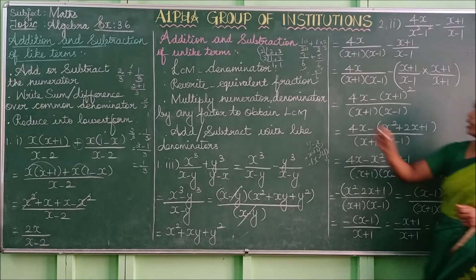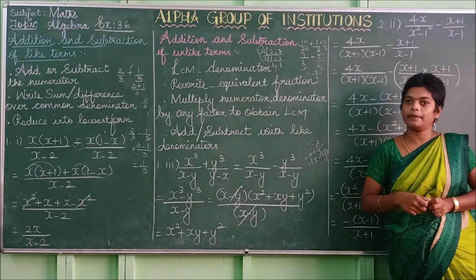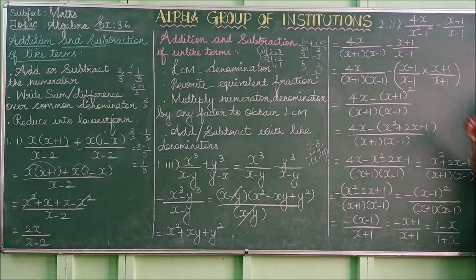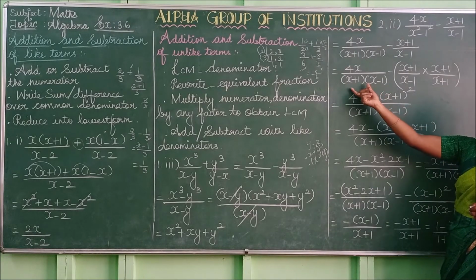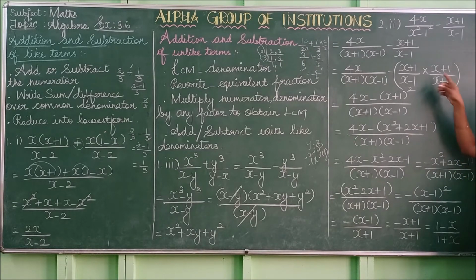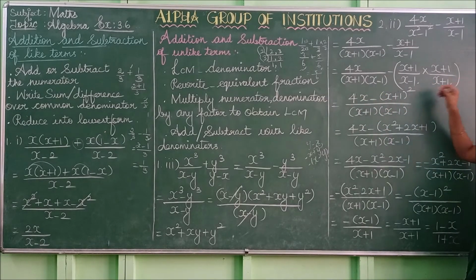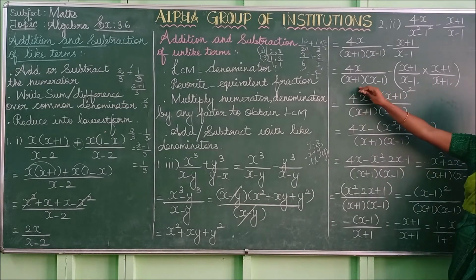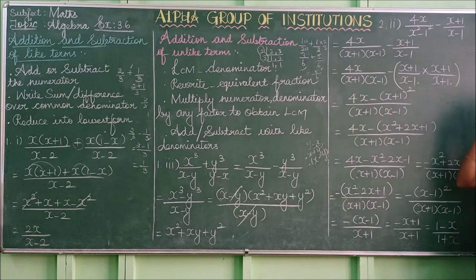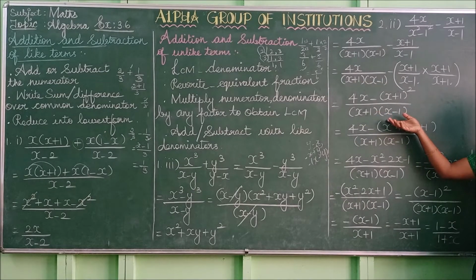To make an equivalent fraction, you multiply as well as divide by the same term. Here x plus 1 is missing, so I am multiplying and dividing by x plus 1. Now both denominators contain x plus 1 into x minus 1, so take that as the common denominator.